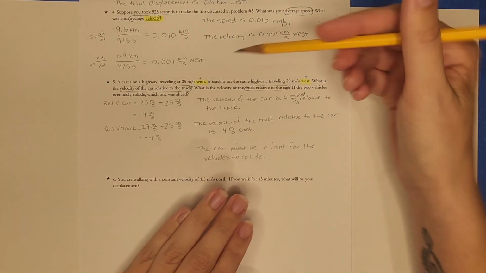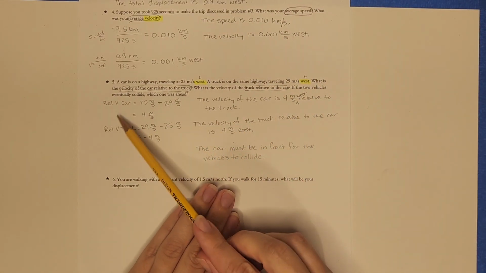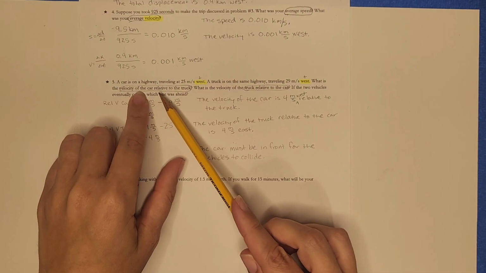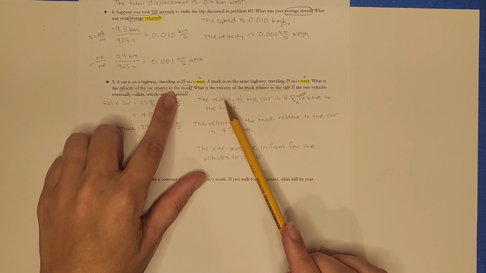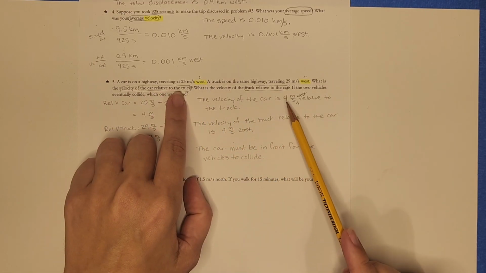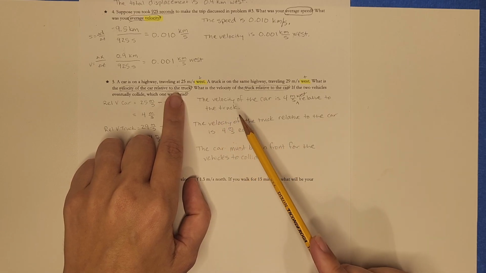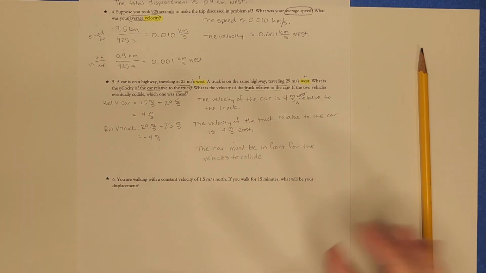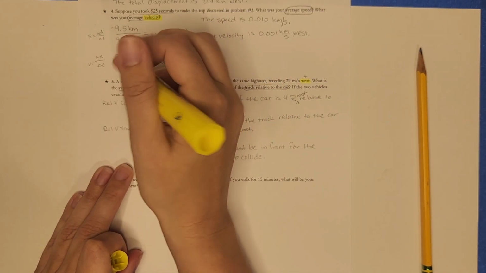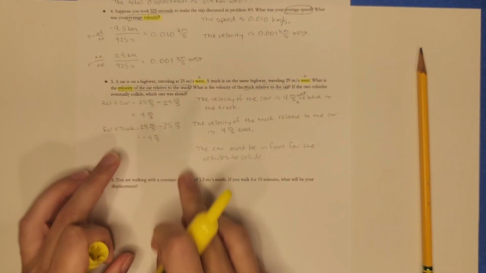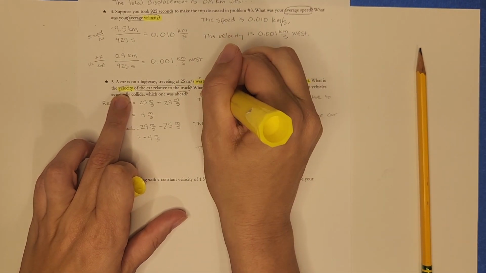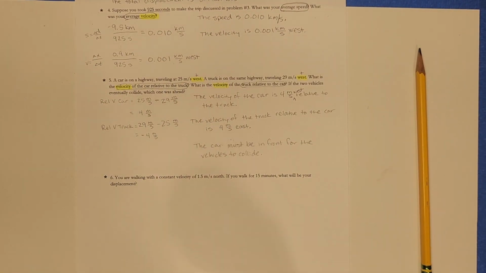So now we'll go and check, right? So our first question was asking, what is the velocity of the car relative to the truck? I say velocity of car is this relative to the truck. And I should have done it earlier: whenever I see the word velocity, I'm highlighting that bad boy, okay?